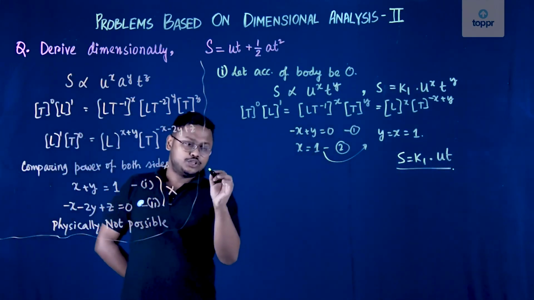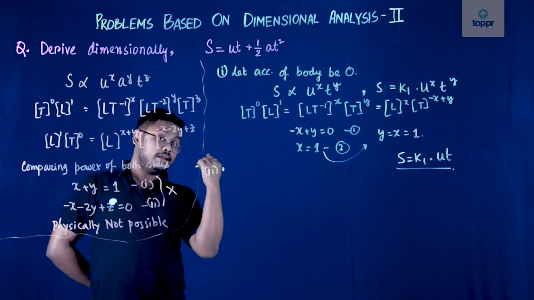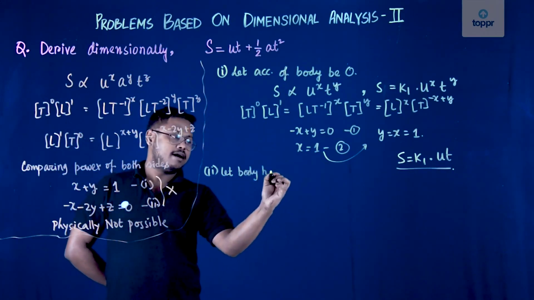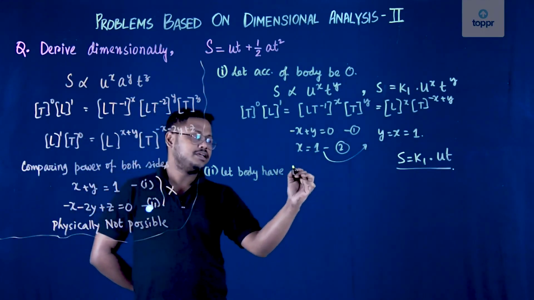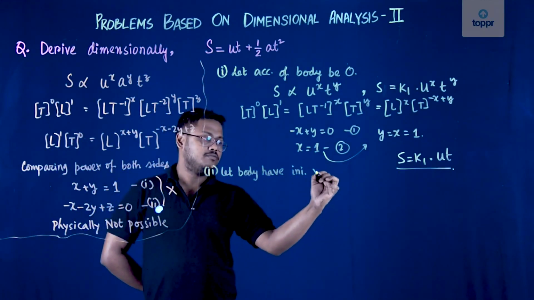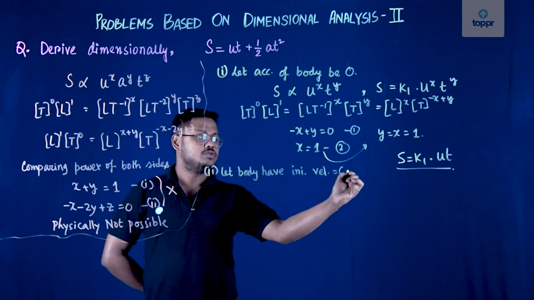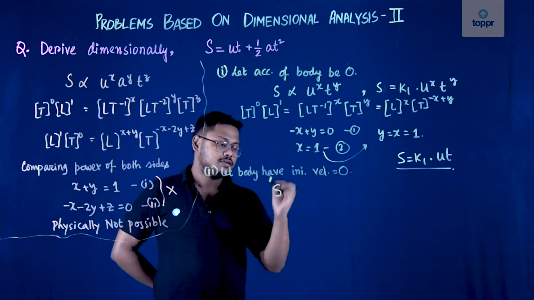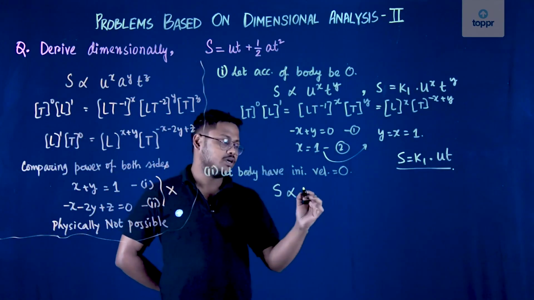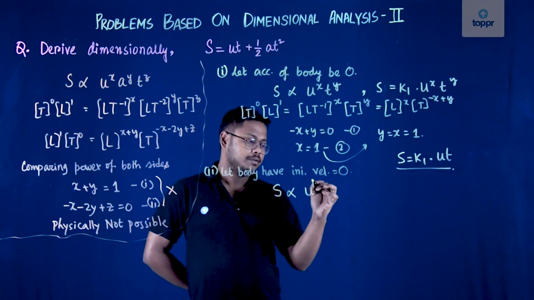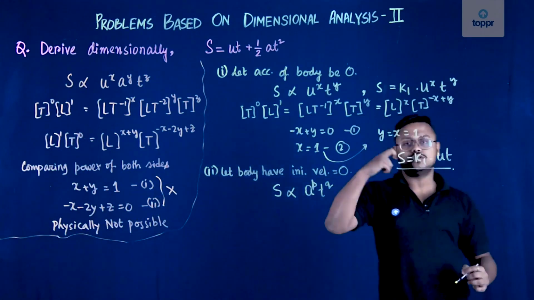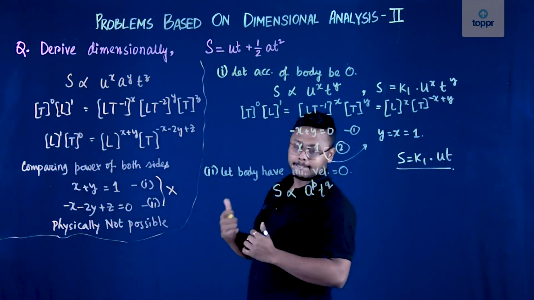Now let us assume the initial velocity to be 0. Let the body have initial velocity equal to 0. Now if the initial velocity is 0, then we can just assume s is directly proportional to a to the power p into t to the power q, because it will no more depend on initial velocity, because you have already assumed it to be 0, right.